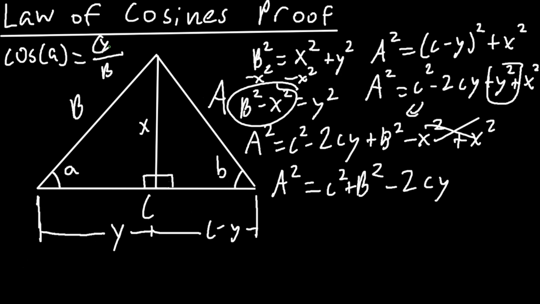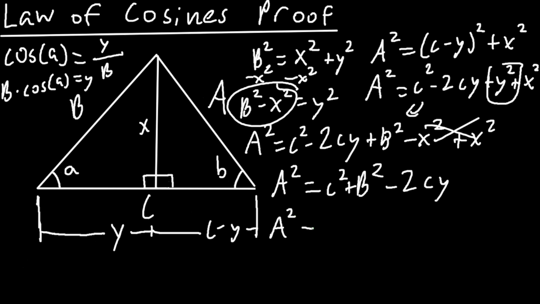So look, we now have y in here somewhere. So I'm going to multiply both sides of this equation by b. That'll cancel out this b over here. So we end up with b times the cosine of A is equal to y. So now we're going to do substitution again. Hopefully you're not sick of substitution at this point, but this is a kind of a substitution heavy proof.